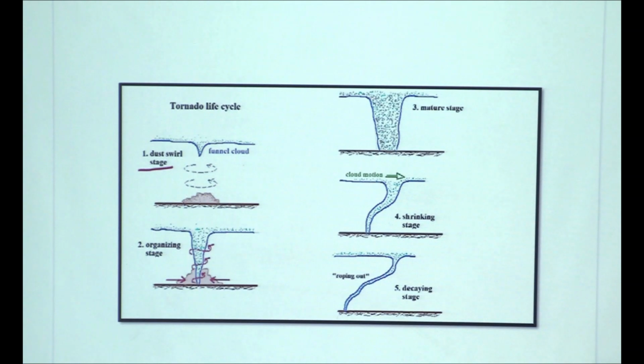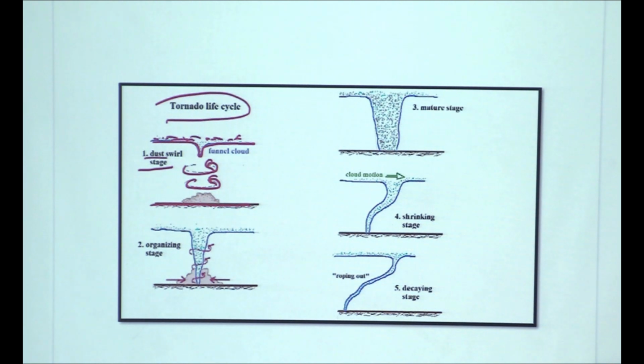The first stage of a tornado's life cycle is this funnel cloud getting developed from the lower atmospheric layer, and we have got warm wind, the dust that is warming up and is rising with a circulatory motion.